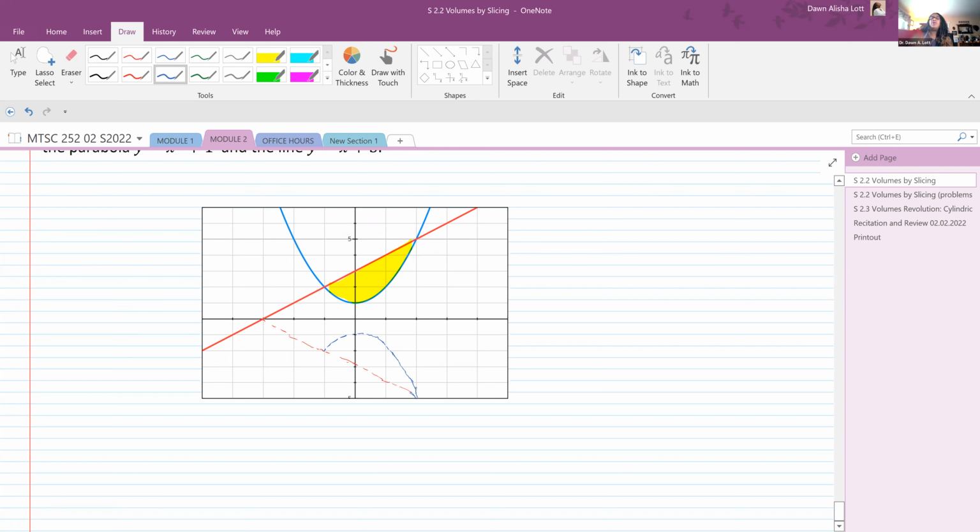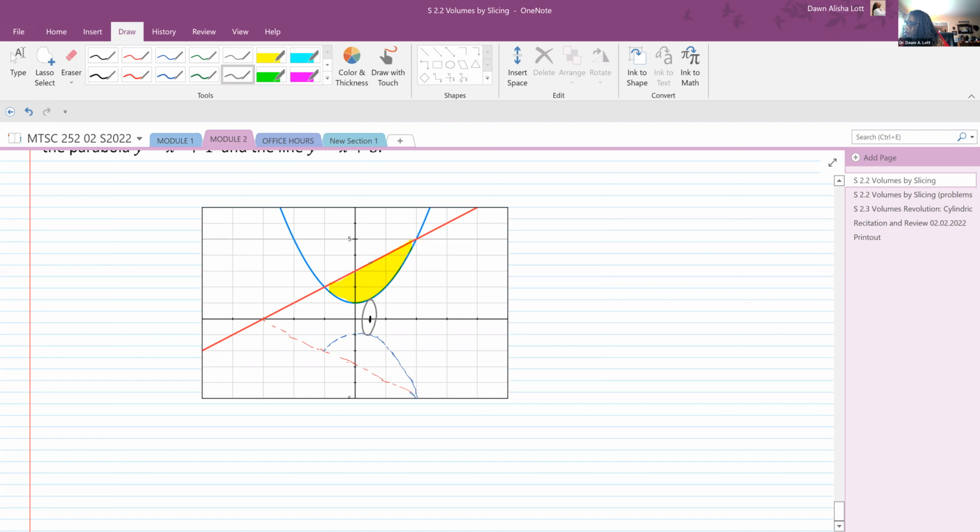I'm revolving it around the x-axis. Pick an x. I like this x right here. When I revolve it, I go to this curve and I go around and I get that.